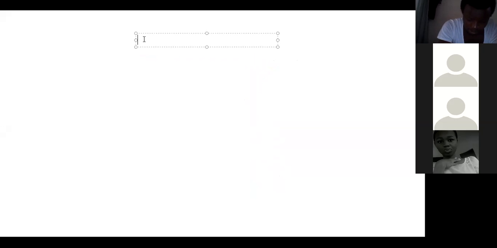So now we can consider the graphical representation of data. Our data, we can graphically represent it.